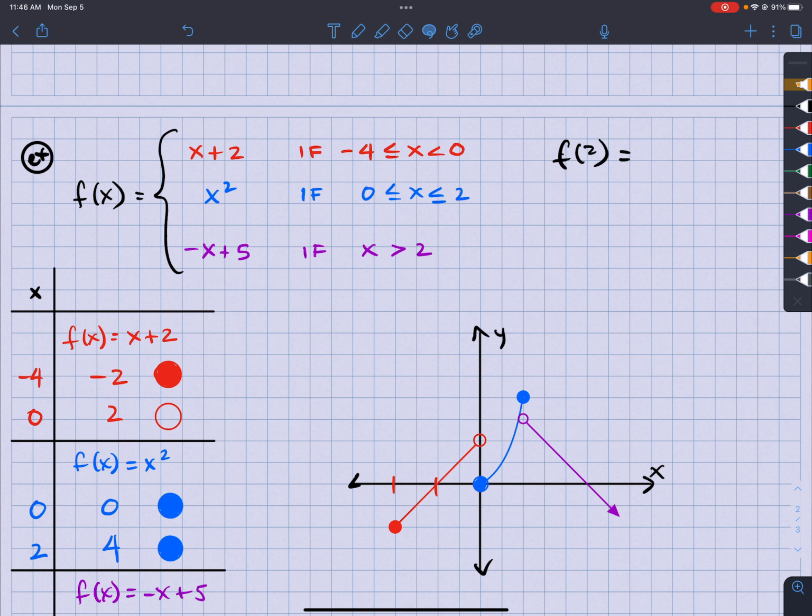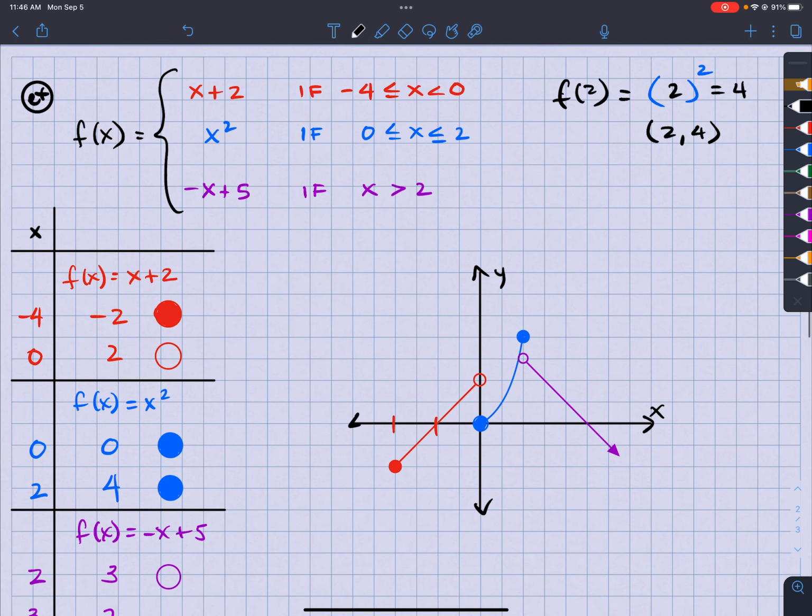So from there, that's going to equal 2 squared, which is equal to 4, which gives me the point (2, 4). Okay? So if you look at it, where's the point (2, 4)? (2, 4) is right there, right? Exactly that endpoint, right?